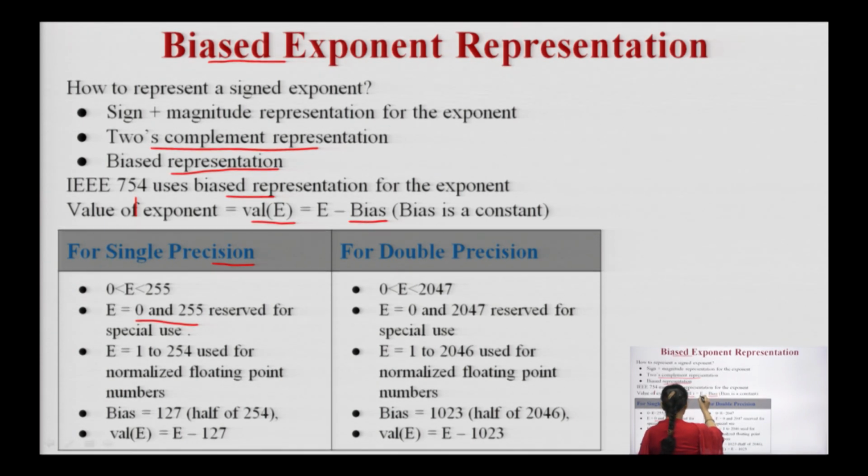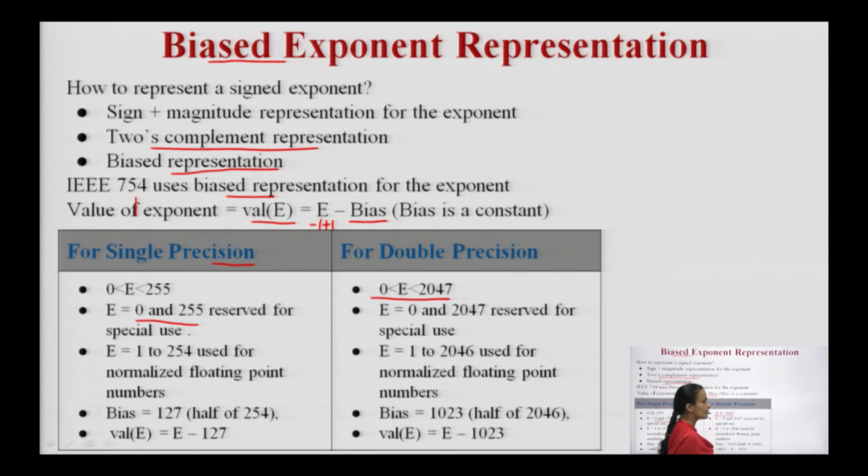So, if I have to calculate the exponent, whatever it is, I will subtract 127 from it. On a similar basis, the value of E will range from 0 to 2047 in the case of double precision numbers.